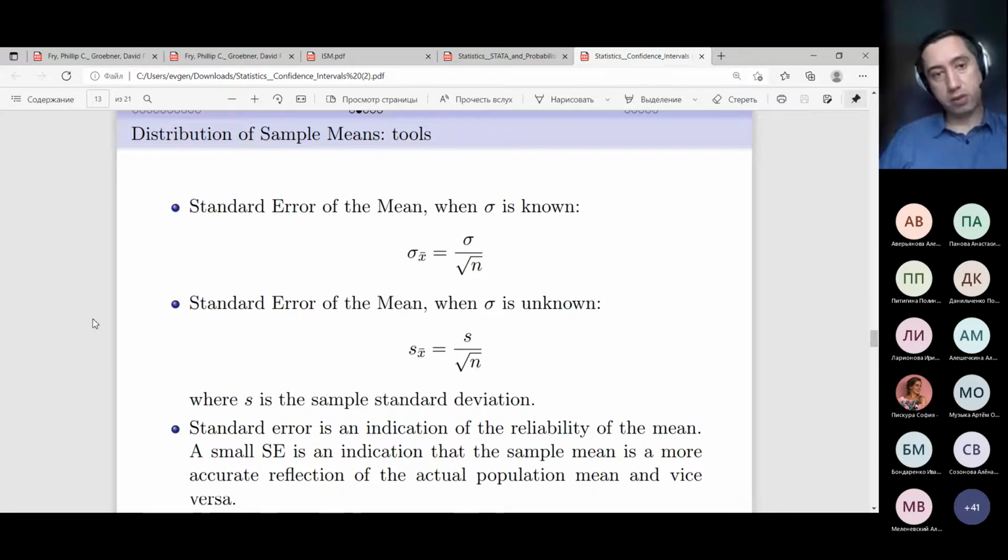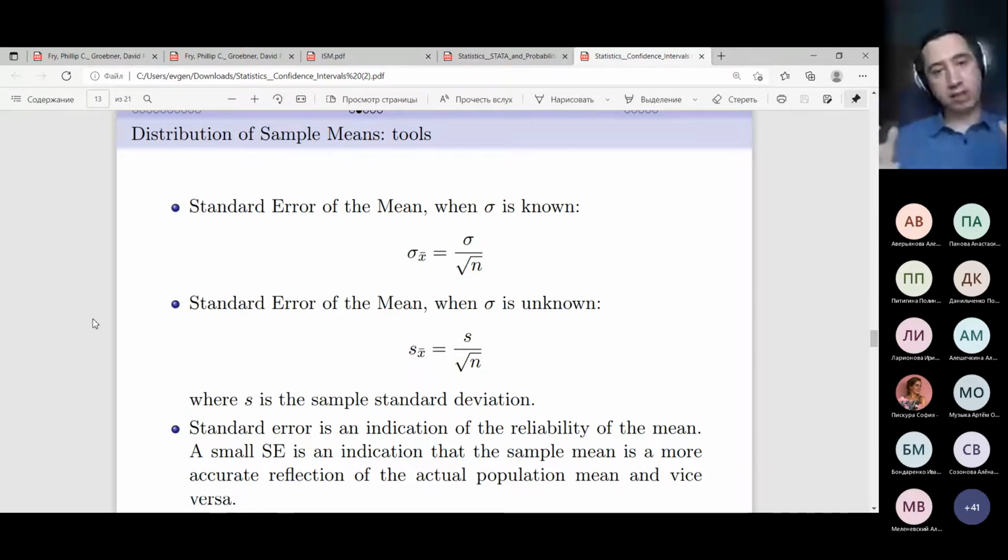Well, the sample standard error of the mean could be large, meaning that the sample average isn't precise, or if the standard error of the mean is small, we can say that the sample average is very precise. Again, precise sample average, small standard error. Imprecise sample average, large standard error.